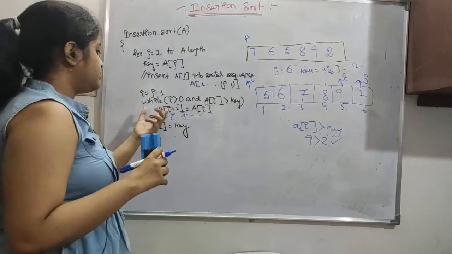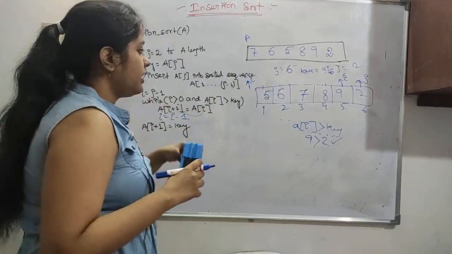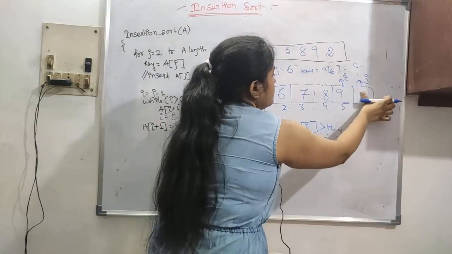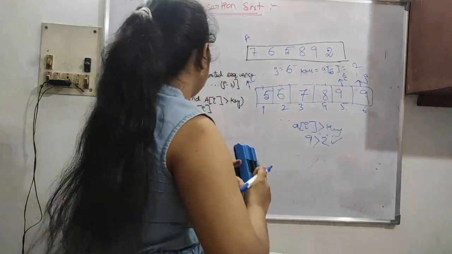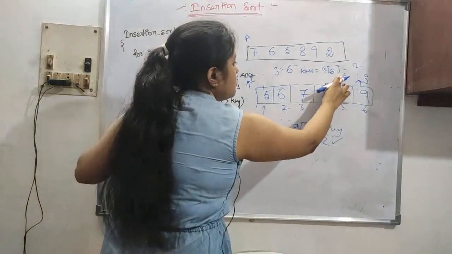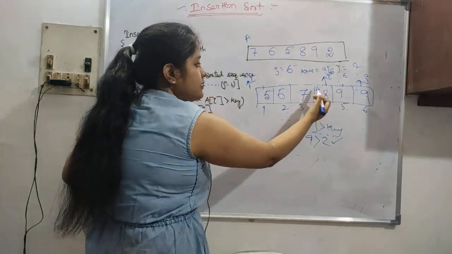So what is our next thing? A of I is copied to A of I plus 1. So A of I is here, it is copied to here. 9. Okay. So now I is decremented to I minus 1. So I is decremented here. So j was there, I is decrementing now.